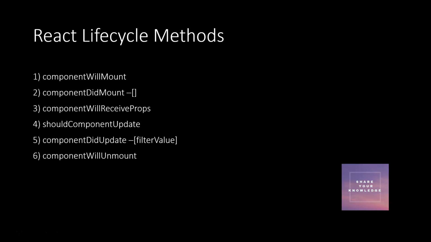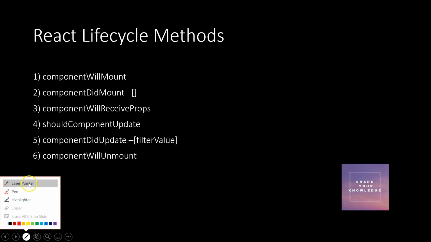React class components. If you see, there are 6 lifecycle methods. If you have these inside your class component, they will be called by React at that particular moment of the component. When the component gets mounted, componentDidMount will be called. Before it gets mounted, componentWillMount will get called.